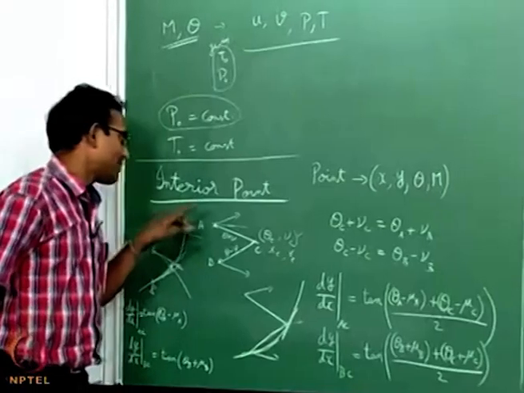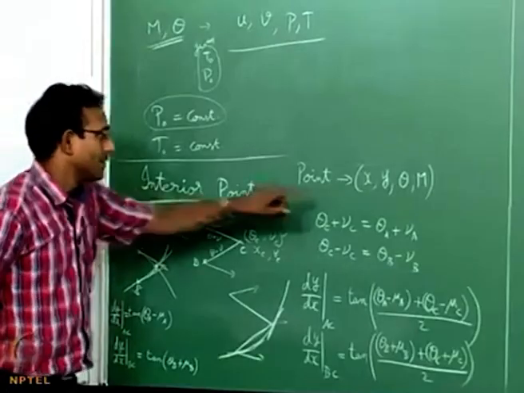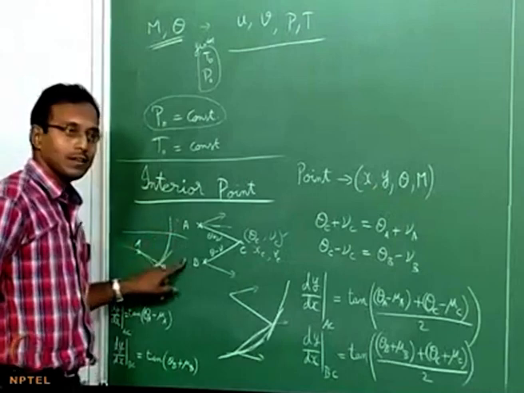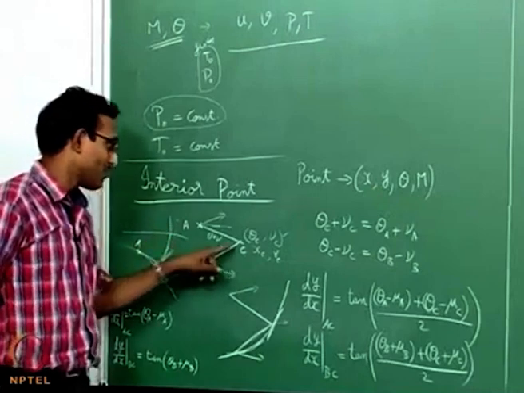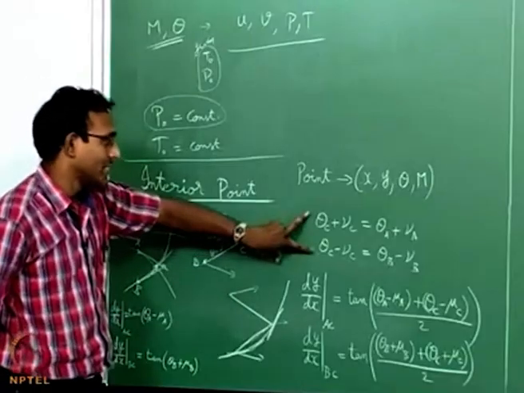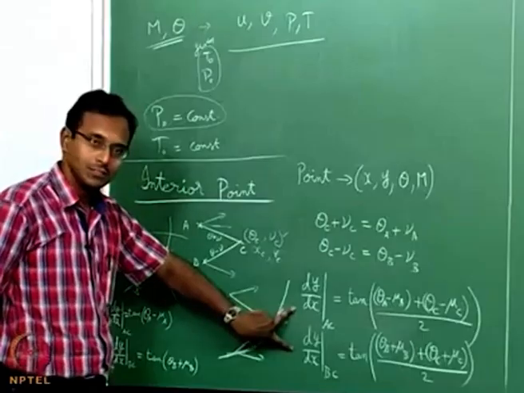So, if I have a subroutine for an interior point, I am given x, y, theta, mu for 2 points A and B. I need to get x, y, theta, mu for C. How will I do it? I will start with solving for theta C and mu C. Immediately after that, I will use these two expressions.